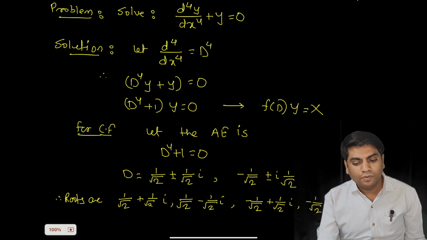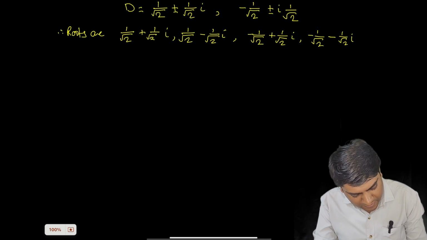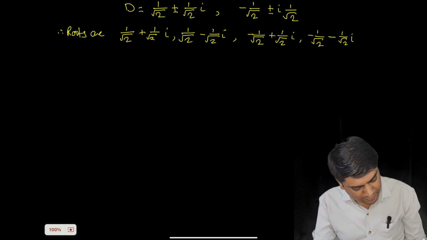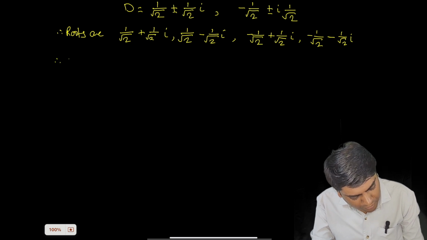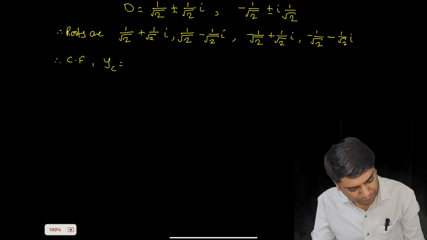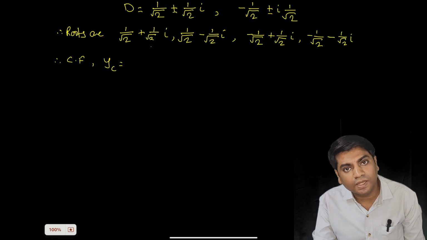So for them we can write here, let's just see here. First, these two we can write here. Therefore the complementary function yc is equal to, here alpha is equal to 1 by root 2 and beta is again equal to 1 by root 2.